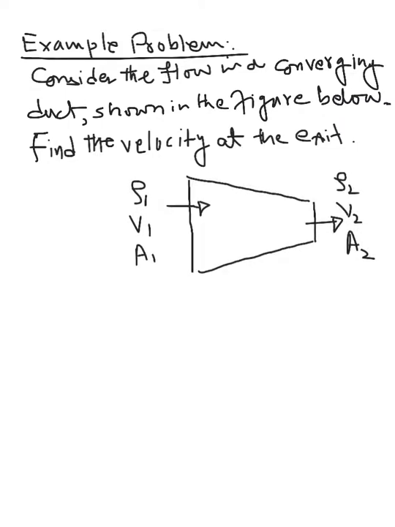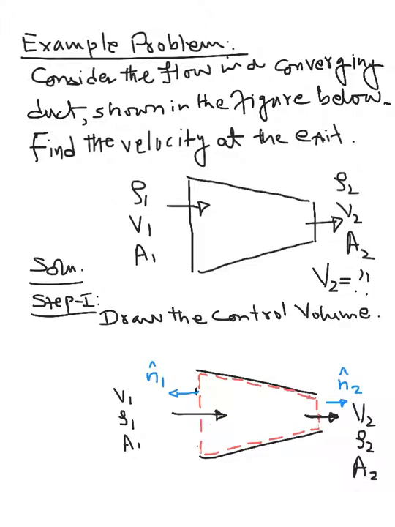I need to calculate the velocity at the exit, meaning I need to find the value of v2. I will now introduce the steps that we will follow to determine the velocity v2 at the exit.